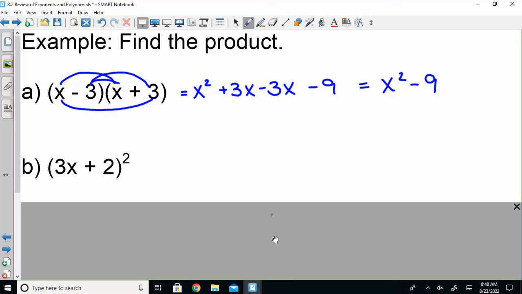Can I distribute that square? No. Why? It's got two terms, so it's a binomial. It means we have the whole parenthesis 2 times.